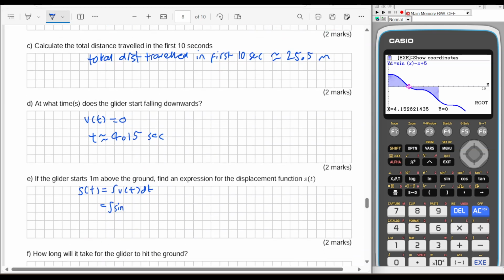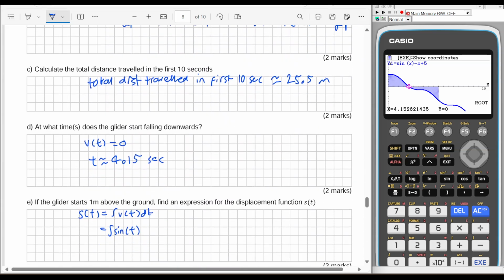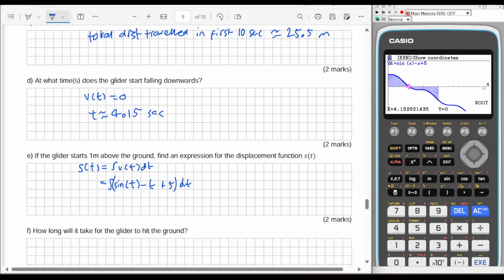Sine of t take t plus 5 to t. And then that's minus cos of t, take t squared over 2 plus 5t plus c. So that's s of t.